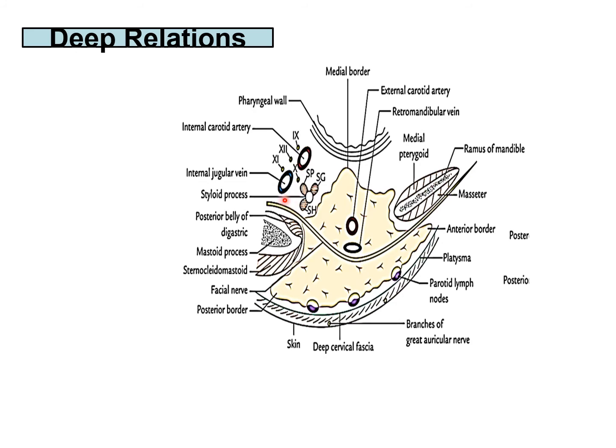Facial nerve enters the gland through the posteromedial surface, and the external carotid artery is lodged in a groove in the lower part of posteromedial surface. The styloid process separates the gland from the internal carotid artery, internal jugular vein, and the last four cranial nerves in the carotid sheath.